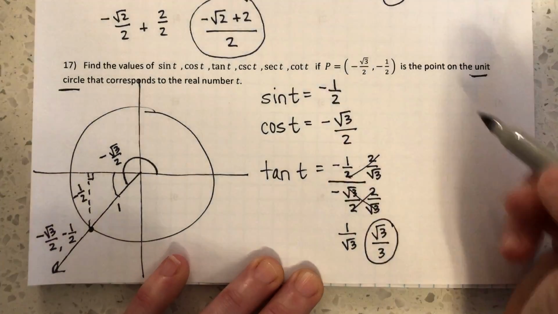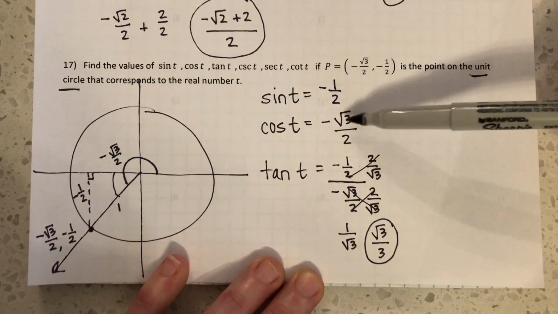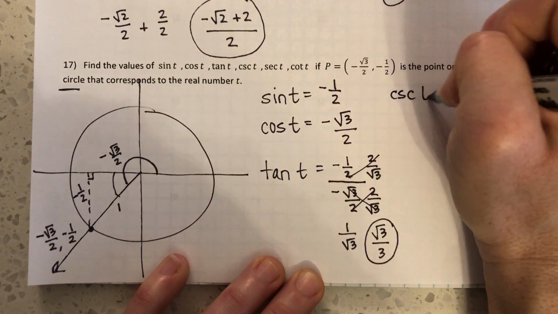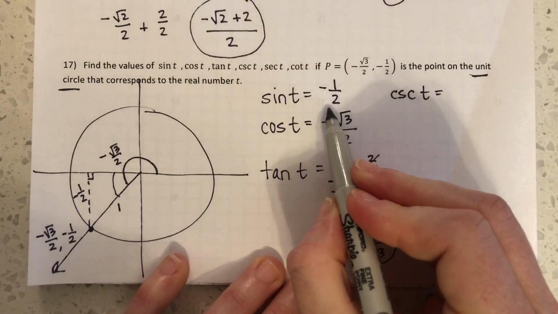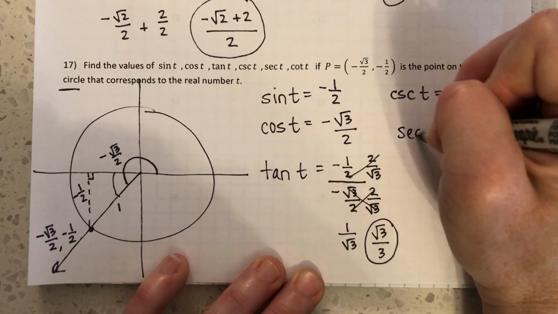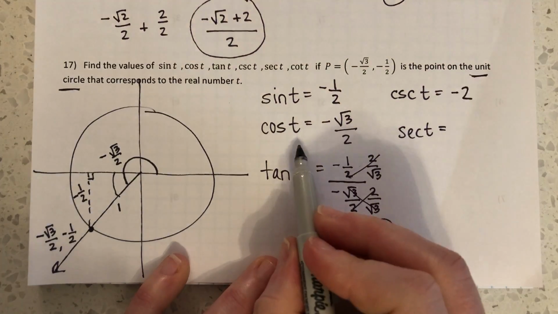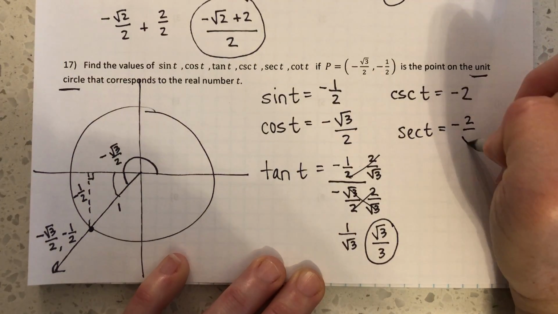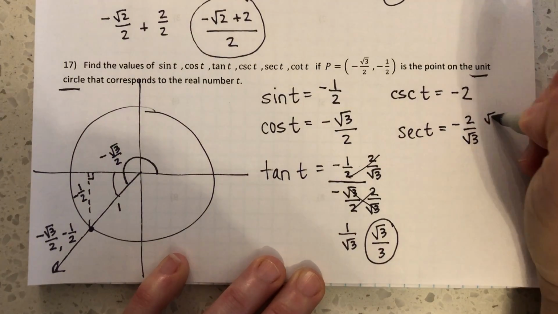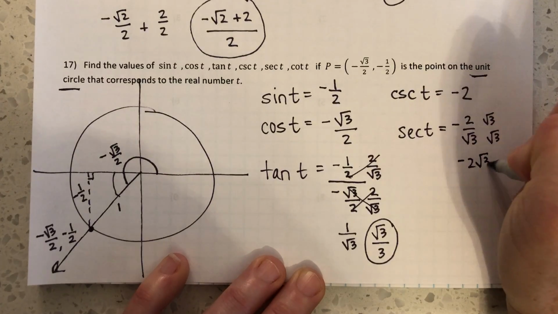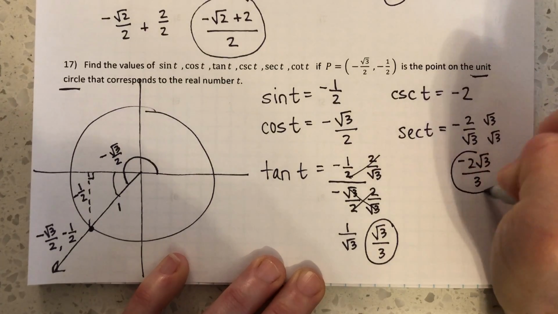That is the tangent of that angle T. All right, and then for the reciprocals, you can just take the reciprocals of these ratios that you already have. So the cosecant of angle T is the reciprocal of sine, so that would be negative 2. The secant of angle T is the reciprocal of cosine, so that would be negative 2 over root 3. And then I'll clean that up, and it's negative 2 root 3 over 3.